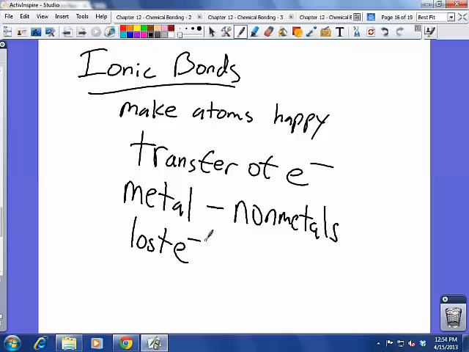And if these metals lost electrons, what did that mean? Non-metals gain. And so when we lose electrons, we become positive, and when we gain electrons, we become negative. Good.